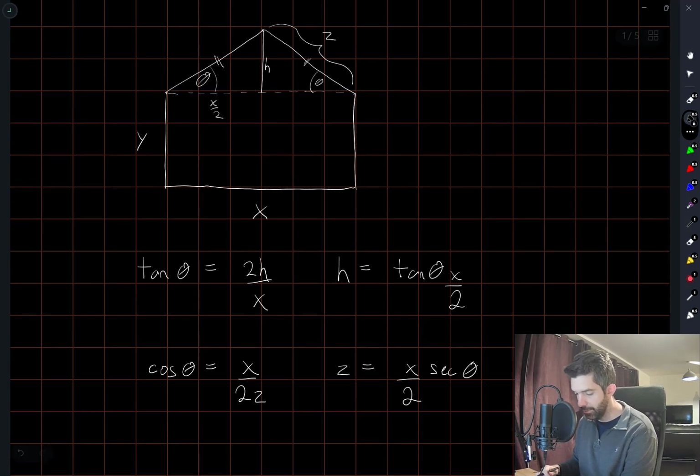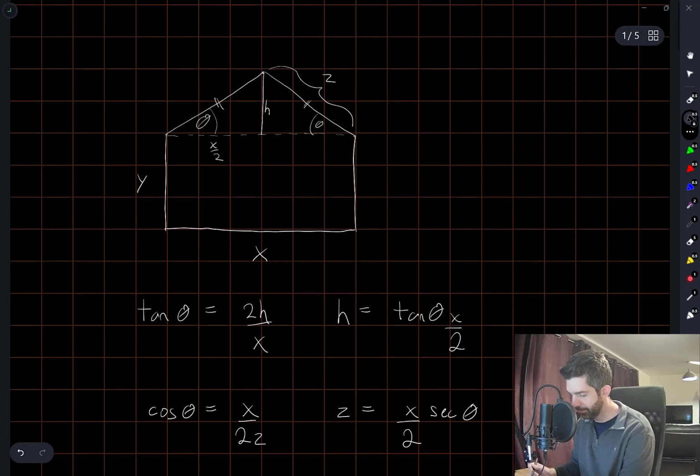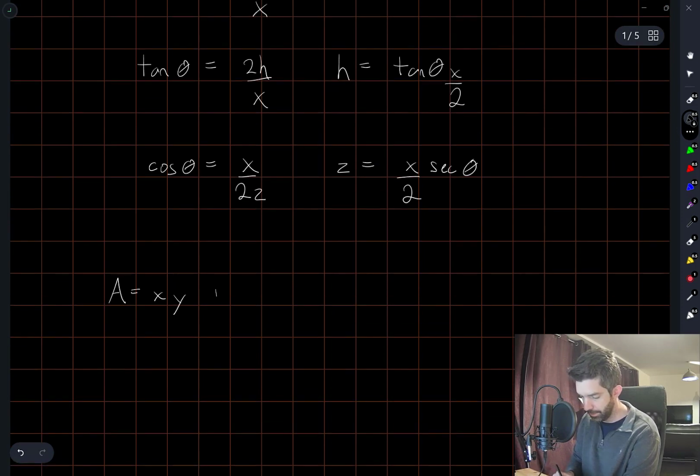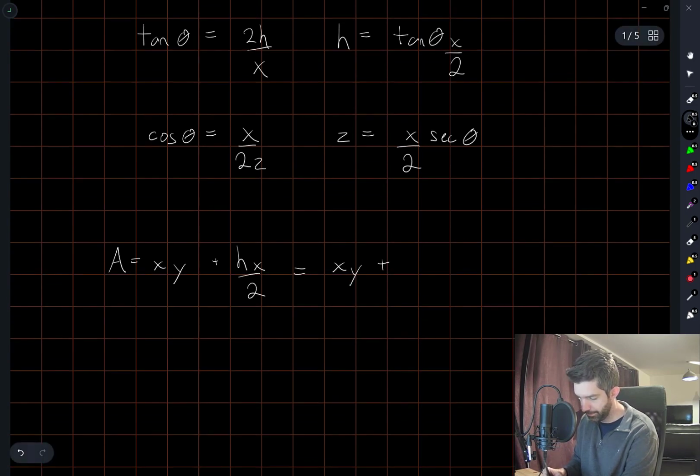Let's write the area of this pentagon. So the area is going to be x times y. That's the area of the rectangular region. The area of this triangle is h times x over 4, but there are two of them. So we're going to add h x over 2, but we're going to rewrite this because we have h is equal to tan theta x over 2.